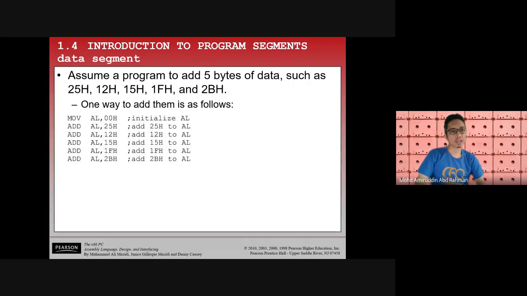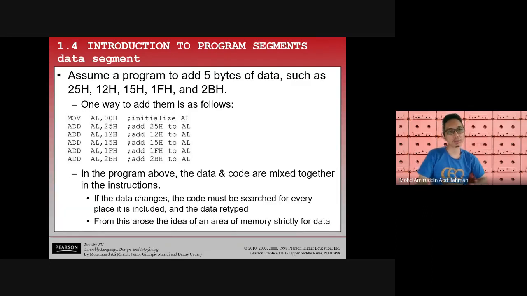Then AL becomes 25, and we add 12 to AL, so AL becomes 37. And now we add more to AL, again and again until 2B, and then we get the result in AL.